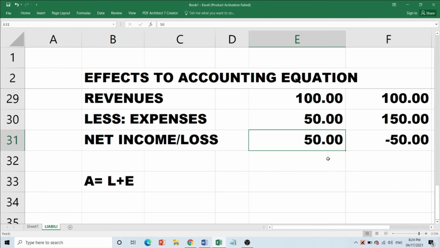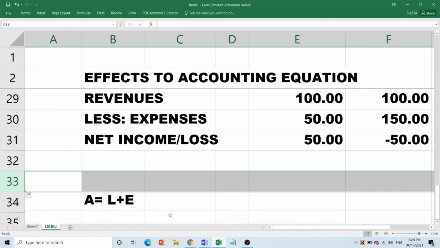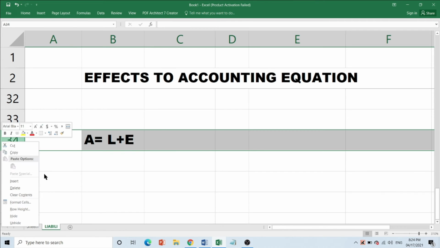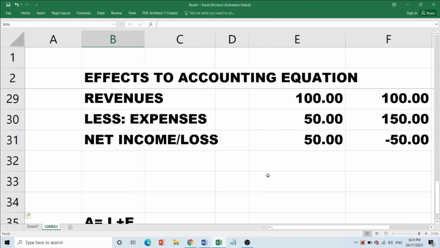Since net income ito nag-increase, at si net income at the end of the calendar year ay isinasarado po natin ito doon sa equity account. Ang mangyayari niyan, the equity account will increase. Tama?